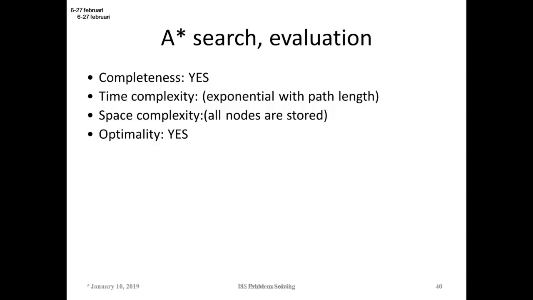And A star gives you optimal solutions. And as your question says, you can prove upfront whether your algorithm will give you an optimal solution or not. And that depends on the definition of your heuristic.